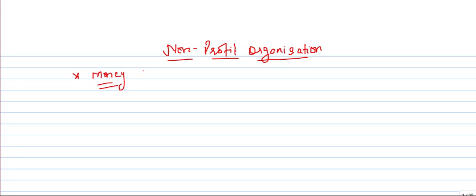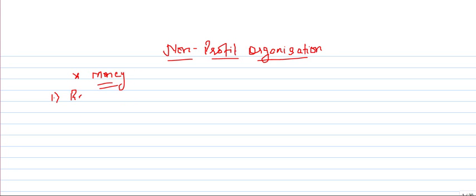Like I gave you the example in the last lecture, that if you are a group of 5 people who want to help the poor children in your surroundings, for that, what you need? You need the money, right? And wherever the money aspect is involved, the government says that you have to prepare the accounts, you have to maintain the accounts. So for the non-profit organization also, it has been said that you have to prepare accounts, right?